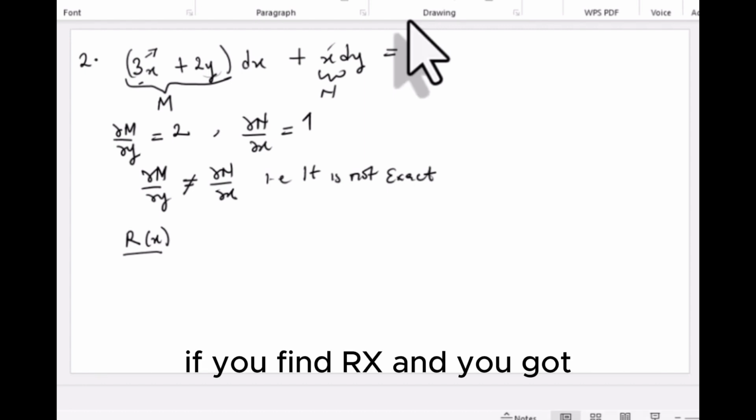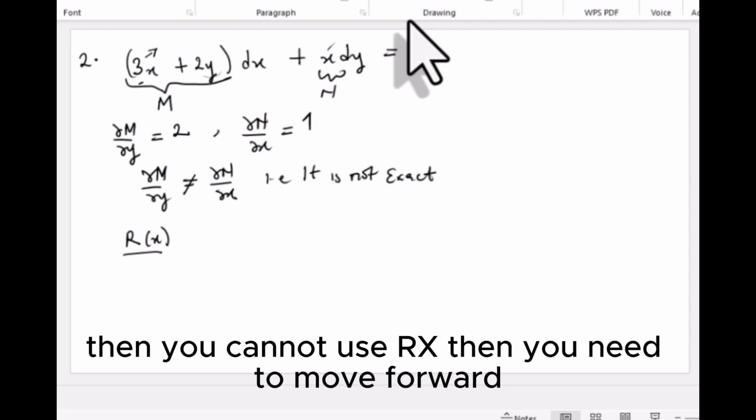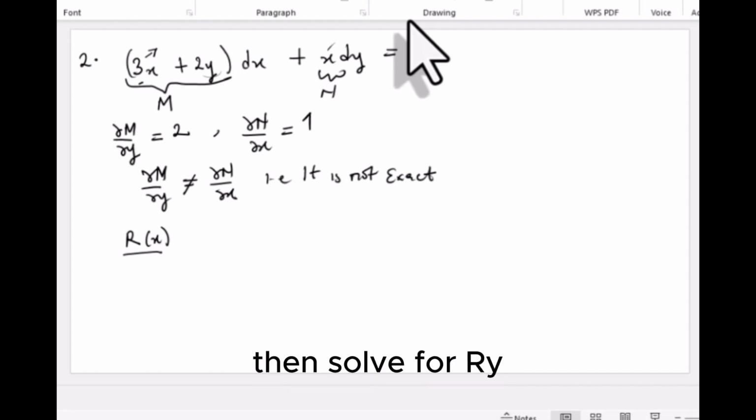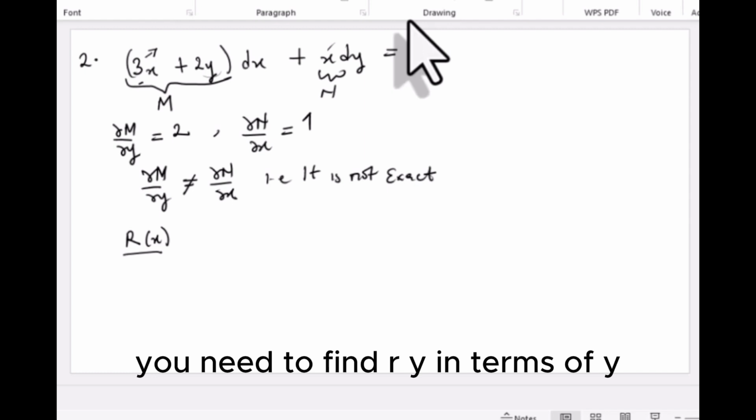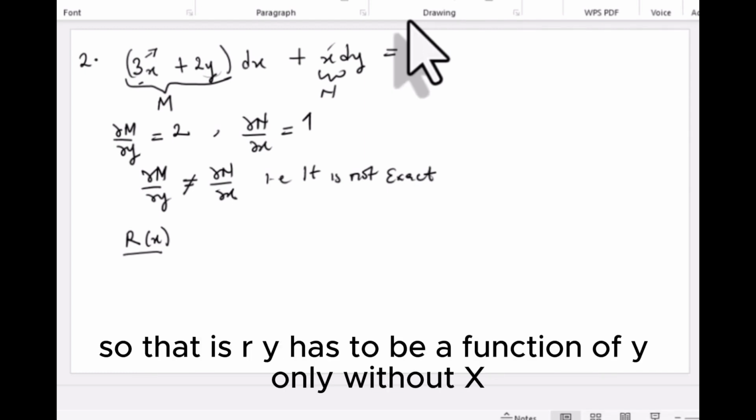If you find R(x) and you got, let's say, x plus y, that is, y is still in the expression, then you cannot use R(x). Then you need to move forward and solve for R(y). If you solve for R(y), you need to find it in terms of only y, so R(y) has to be a function of y only, without x.